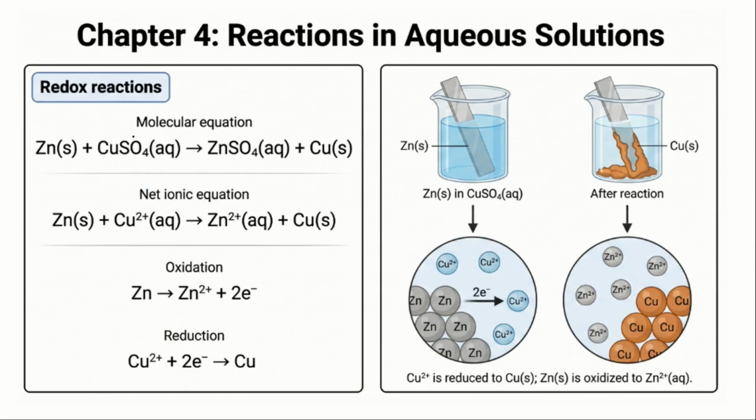Here you can see the molecular equation and the net ionic equation that we talked about how to find in previous lessons, and the half oxidation reaction in which the zinc donates the electrons, and the half reduction reaction in which copper gains the electrons and forms the precipitate.